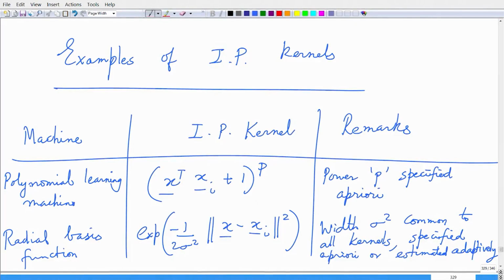let us look into some examples of how one can construct inner product kernels. I will take a couple of examples here. We can have a polynomial learning machine for which we can think of the inner product kernel to be of the form 1 plus x transpose xi whole power p, and you can expand this using the binomial expansion, and the power p can be specified a priori.